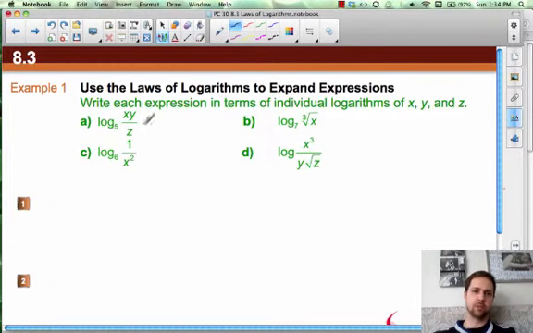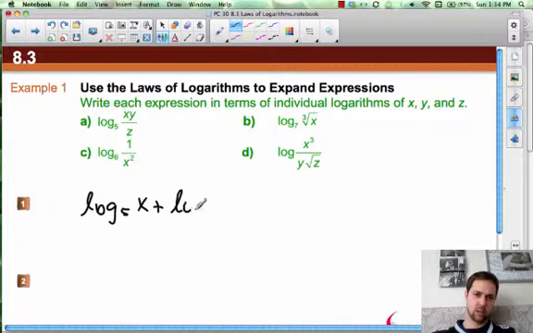Using the laws of logarithms to expand expressions, so writing each expression in terms of individual logarithms of x, y, and z. So log base 5 of xy over z. First we apply the product law, and x times y would be log base 5 of x plus log base 5 of y.